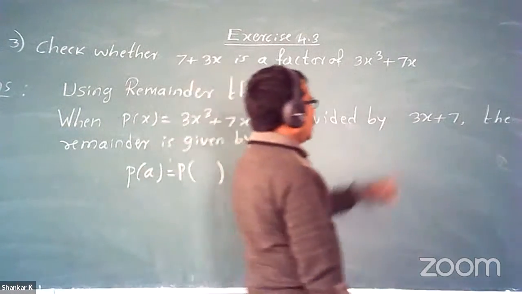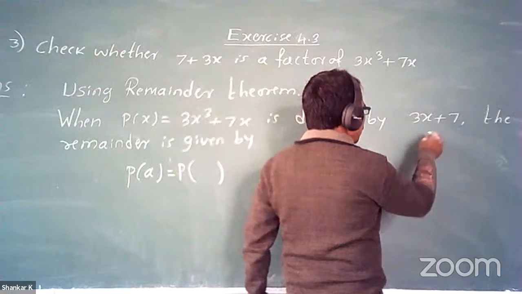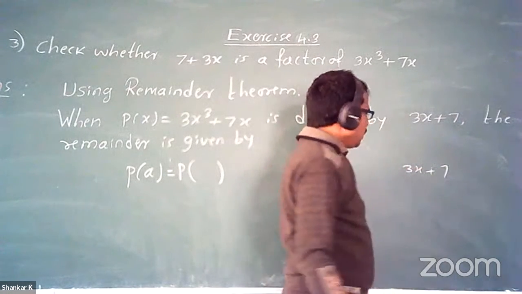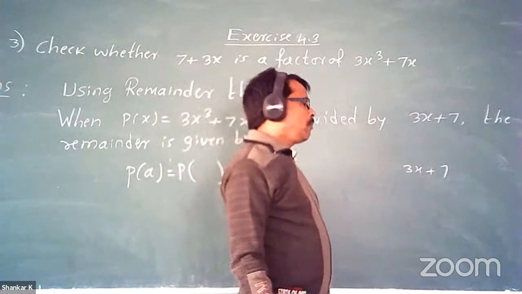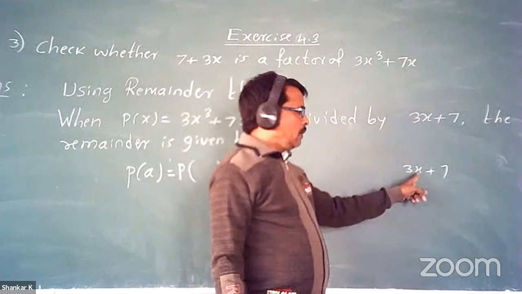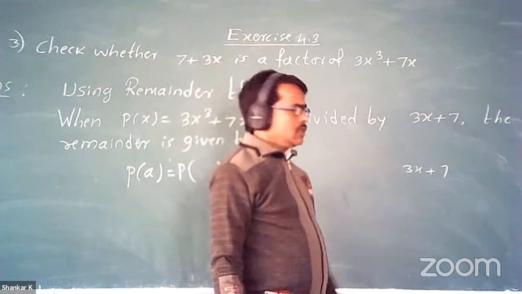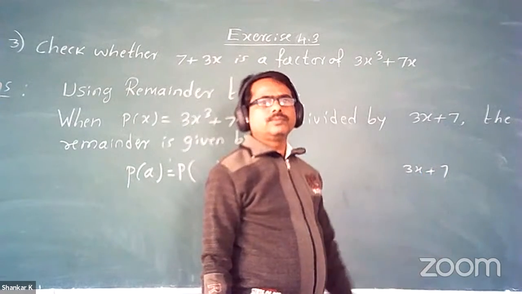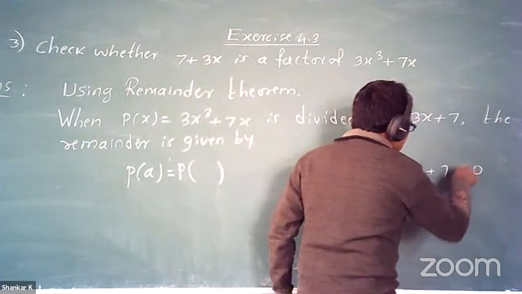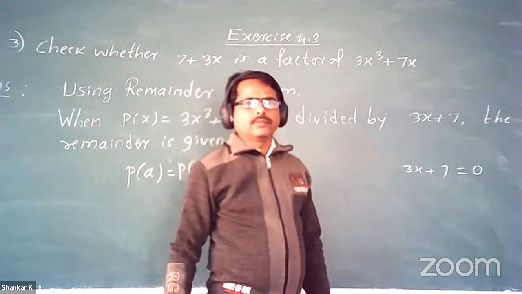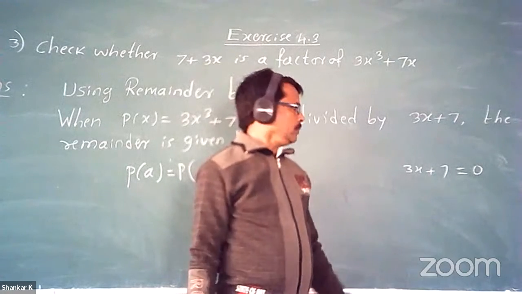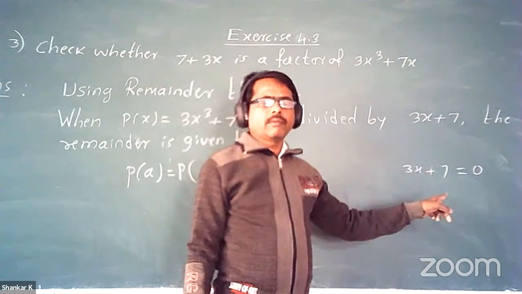Here you are going to divide by 3x plus 7. Now you should find the value of x for which this polynomial value is 0. So I should get 0 here, what is the value of x?